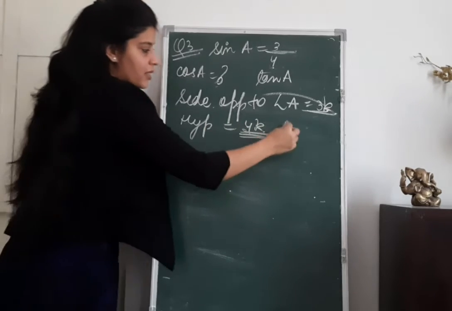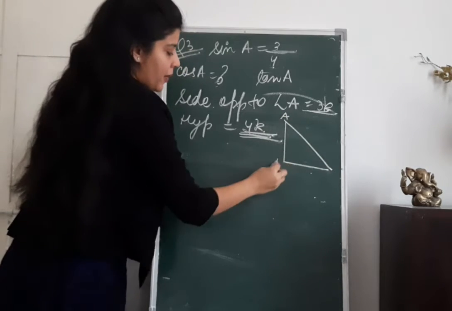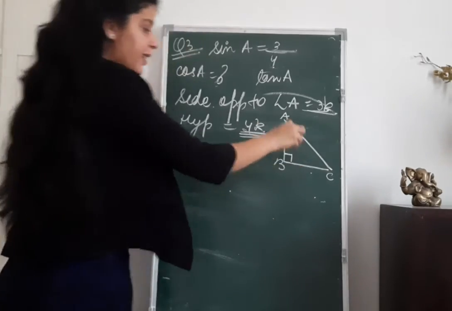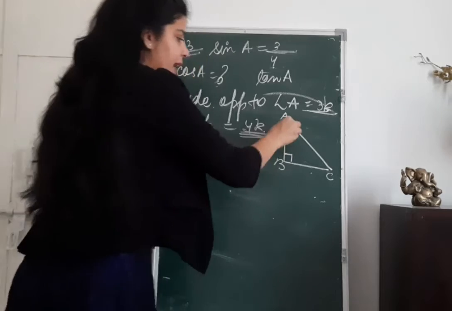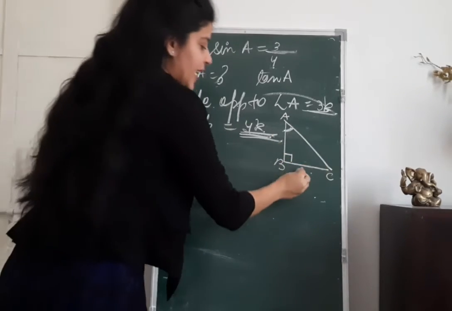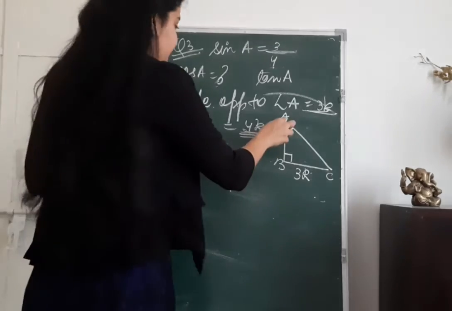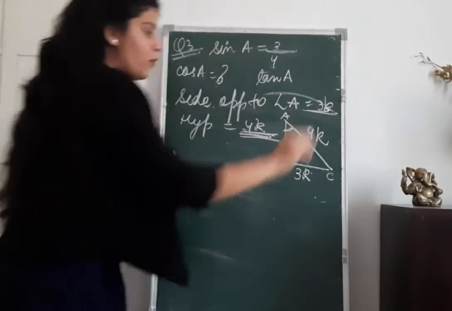Let us suppose there is a triangle A, B and C, and this is right angle at B. Then the side opposite to angle A is 3k. So I can say BC is equal to 3k and hypotenuse is equal to 4k. That is AC is equal to 4k.